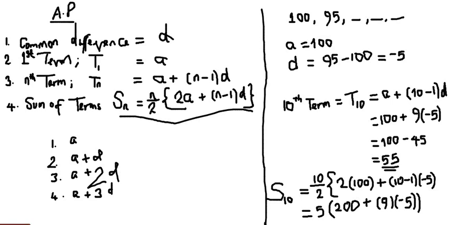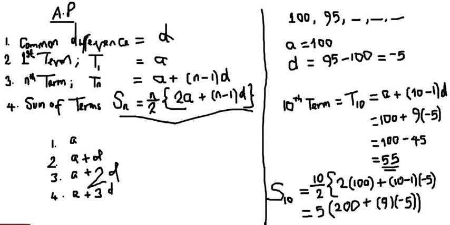So when we simplify what is in brackets, here we have 200 plus positive 9 times -5, which is -45. So in short, we have 5 times, inside the bracket, 200 minus 45, which is 155.